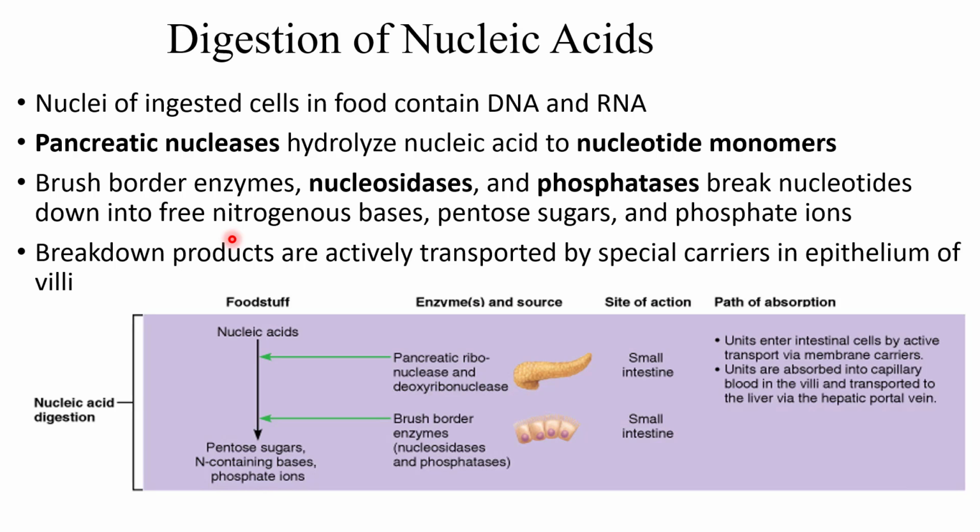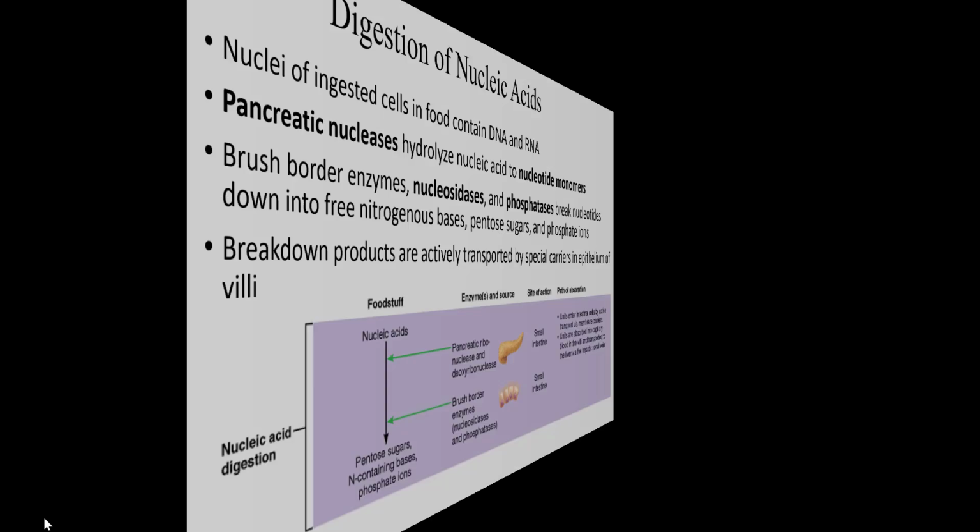So your nucleotide needs to be broken down further into smaller subunits, which will be your nitrogenous bases, adenine, thymine, cytosine, guanine, and uracil, and the pentose sugars, the deoxyribose and ribose sugars, and the phosphate ions. The breakdown products eventually will be transported by special carriers in the epithelium of the villi.